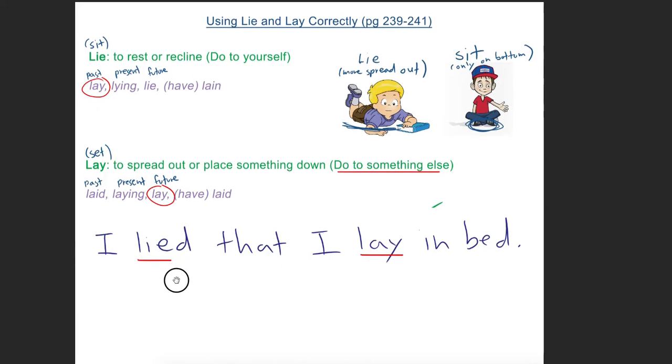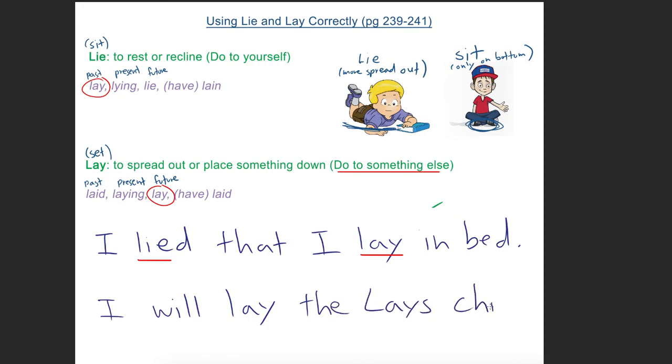All right. The next one: I will lay the Lay's chips. I'm not sure if you guys have ever had Lay's chips before. They're pretty popular potato chips; Lay's is a brand of potato chips. So this sentence has the word Lay's in it, just like lay, and it uses lay in the future tense, right?